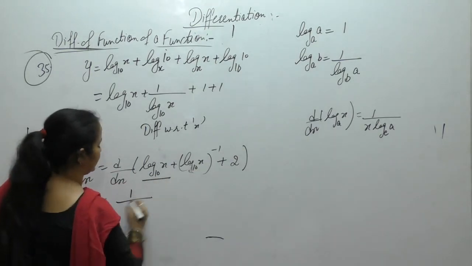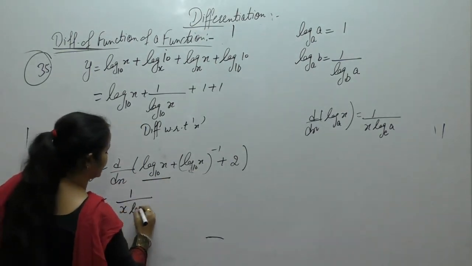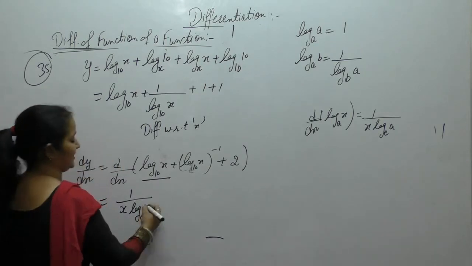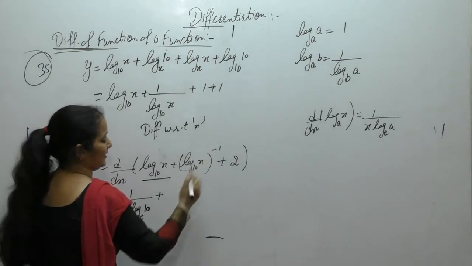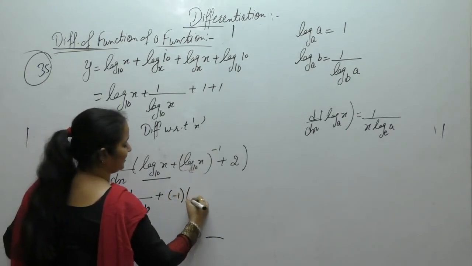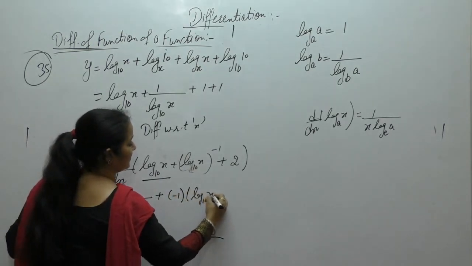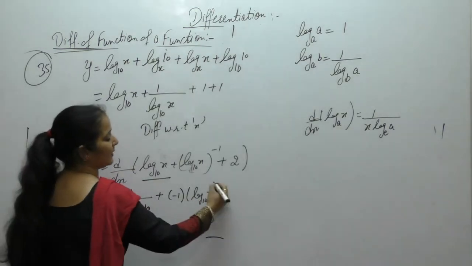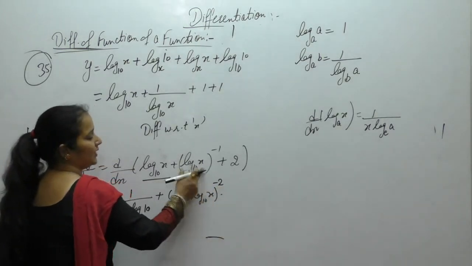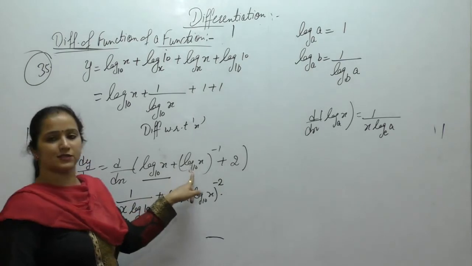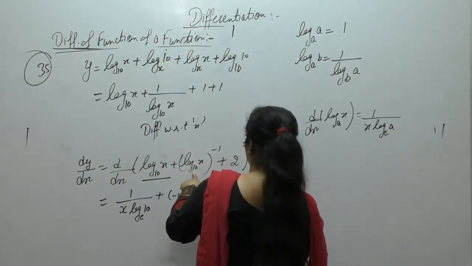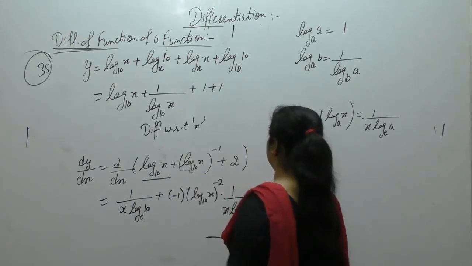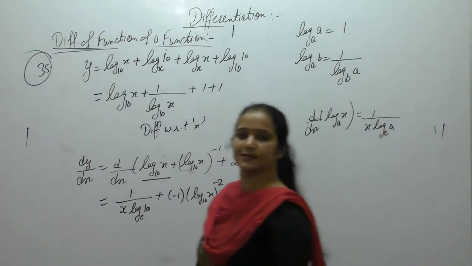So the derivative of this is 1 upon x, log of e with base e, a is 10. Now x power minus 1, x power minus 1, minus 2. The derivative of log of x with base a, 1 upon x, log of a with base e. The derivative of 2 is 0.